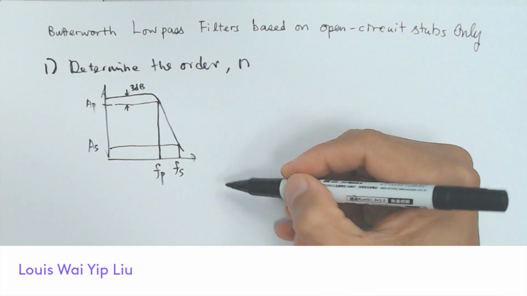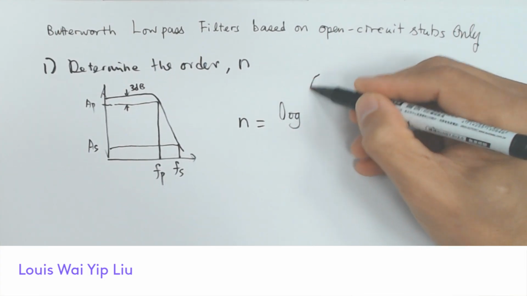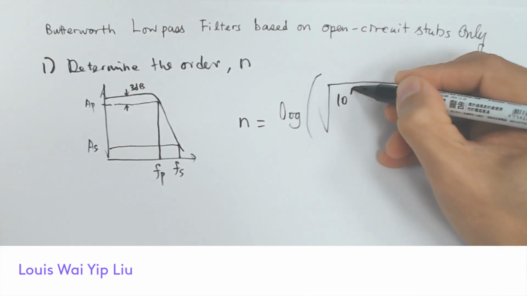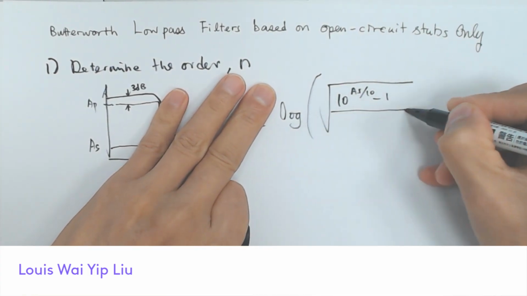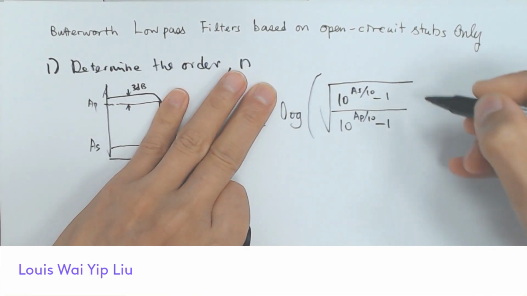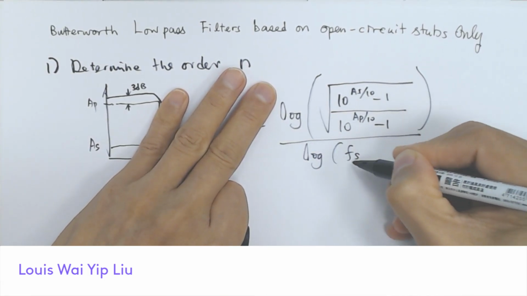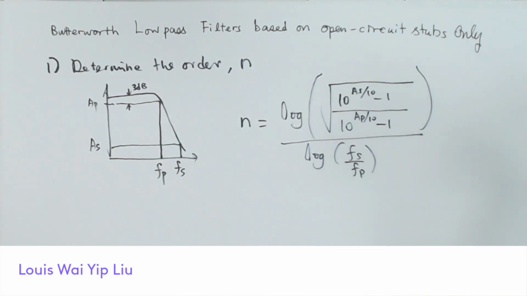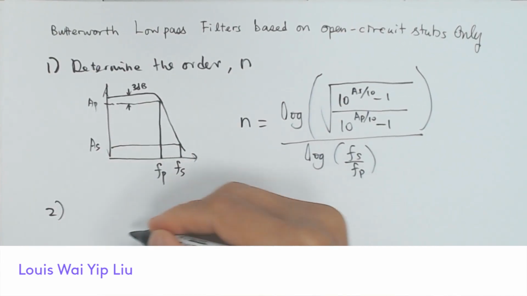And to determine the order, you need to use this formula. And this is a very common formula. The next step that you need to do is to determine the filter coefficients.